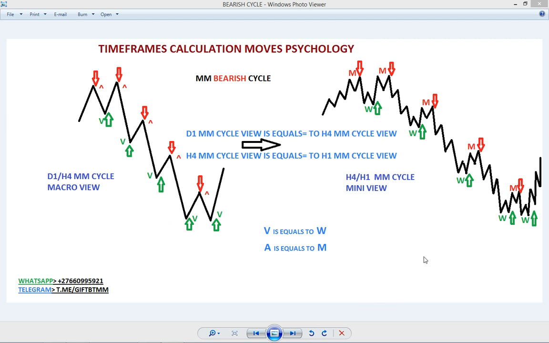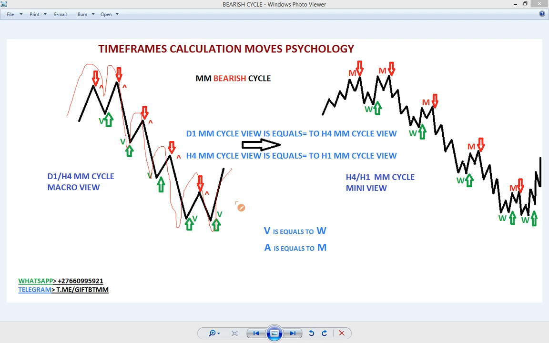In this example, if this is your H4 view, this MM cycle is your H4 view, then you'll know what you'll do on the H1 cycle.